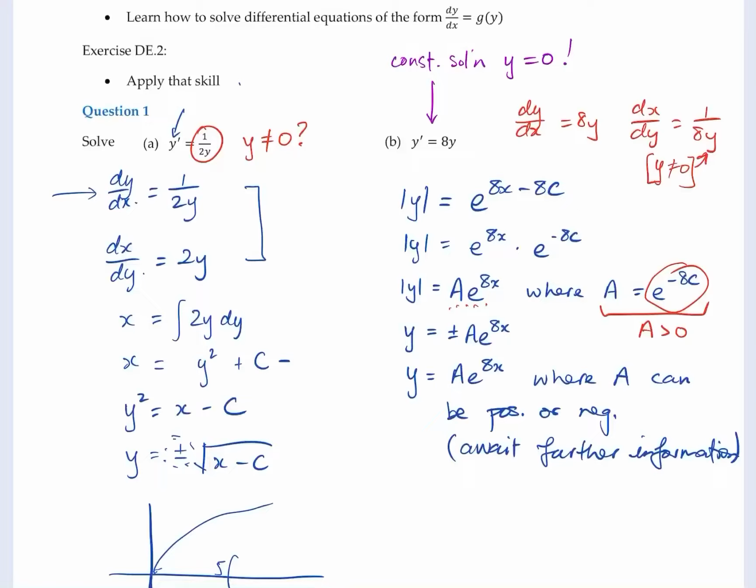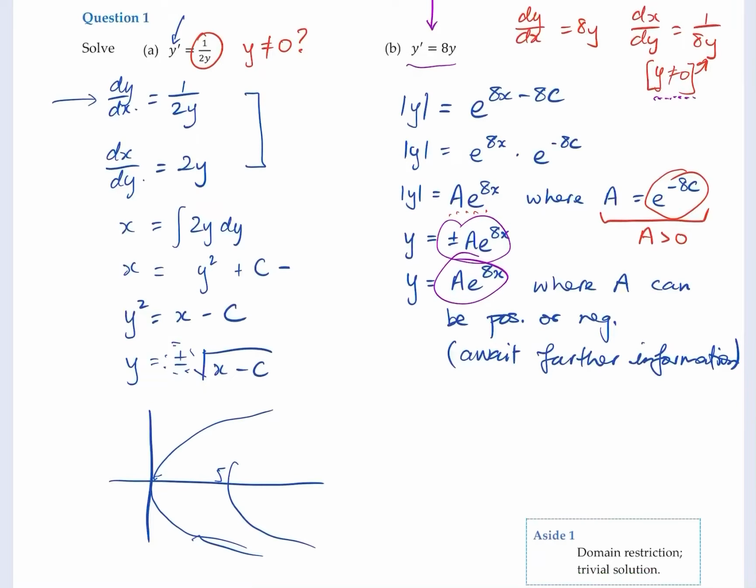So we've got y is not equal to 0 here, but y equals 0 is a constant solution. If you're just asked to solve this, then an answer like that or like that is going to be fine. But if the question had a bit more information or directed you to consider a constant solution, then that's what I'm telling you about now.